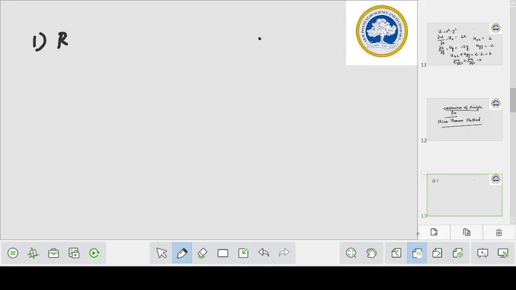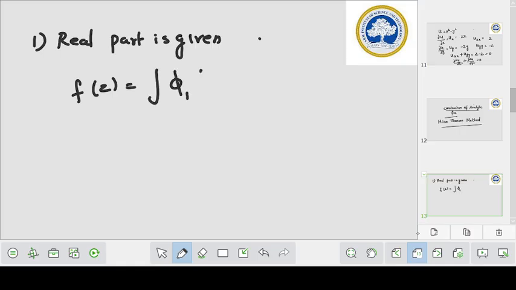First one is when the real part is given, that is, u is given. When u is given, how will you construct the analytic function using the Milne-Thomson method? Your f of z is the line integral of phi 1 of z comma 0 minus i into phi 2 of z comma 0 dz.